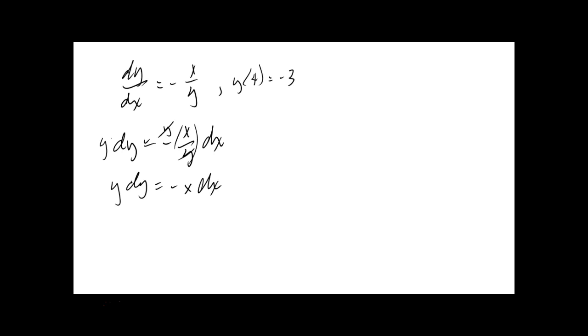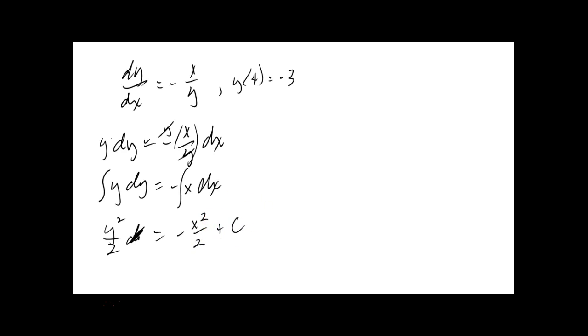So now let's integrate both sides. And what do we get? y squared over 2, you don't need dy anymore, is equal to negative x squared over 2 plus c.